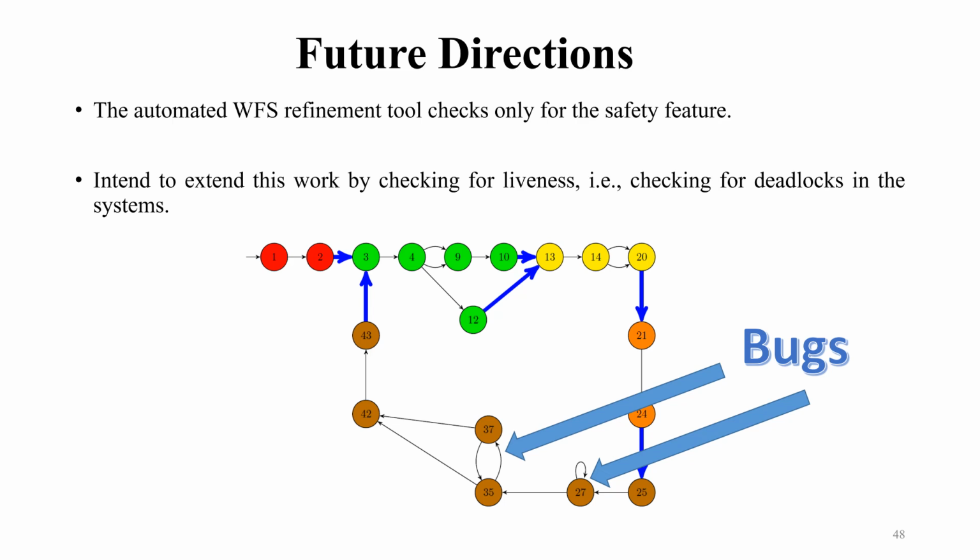The reason why I've used this particular abstracted implementation transition system is that we can show the bugs where once the controller goes from 27 to 35, it could always keep rotating between 35 and 37, or it could just be stuck at 27 and never go back to state 3. So these are bugs that have to be found, which would put the software in a buggy state.